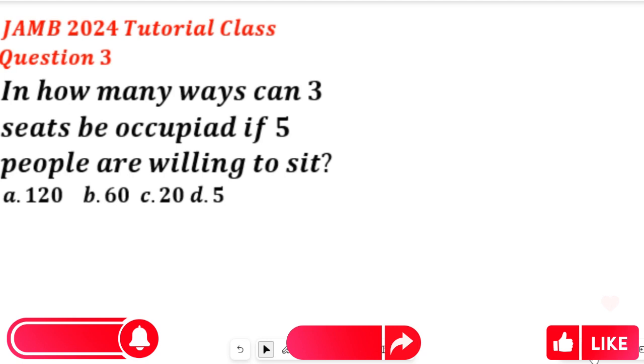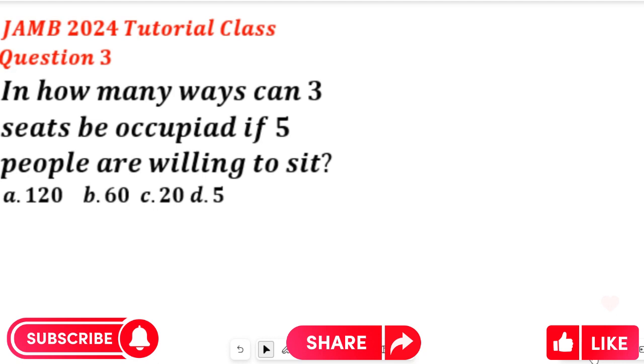The first question, question number 3, says, in how many ways can 3 seats be occupied if 5 people are willing to sit? Remember, in the last video, we talked about permutation and combination. Now, can you guess which of these two this question is? We're talking about in how many ways can 3 seats be occupied if 5 people are willing to sit?